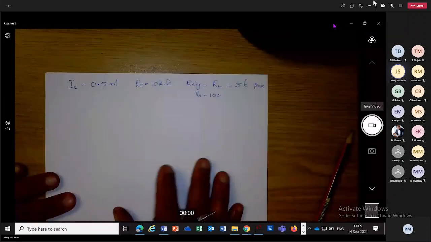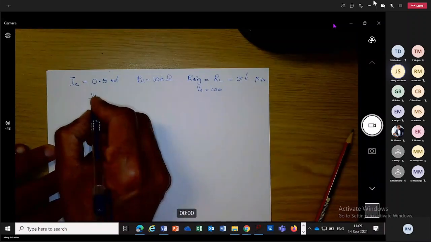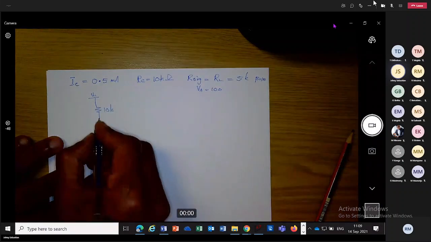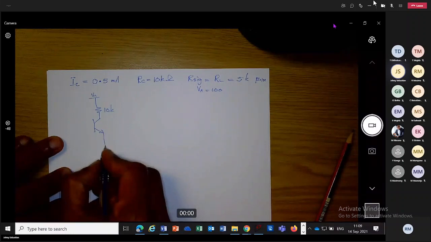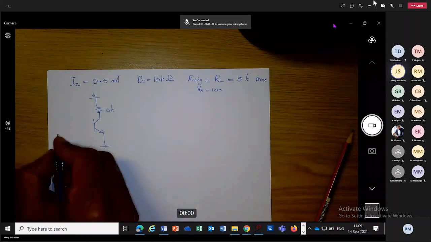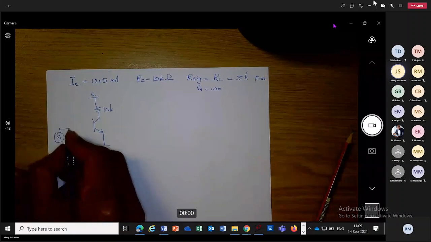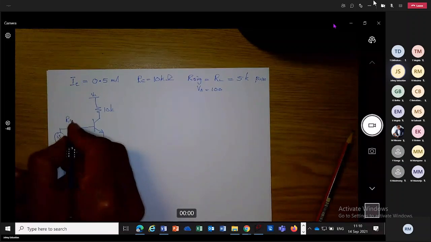So we have the same amplifier with a VCC and RC now 10 kilo ohm. Emitter is connected to ground. We have V signal and R signal, that is 5K.